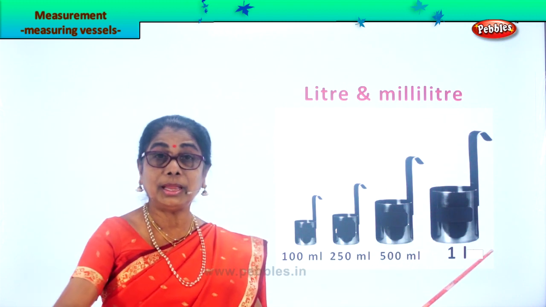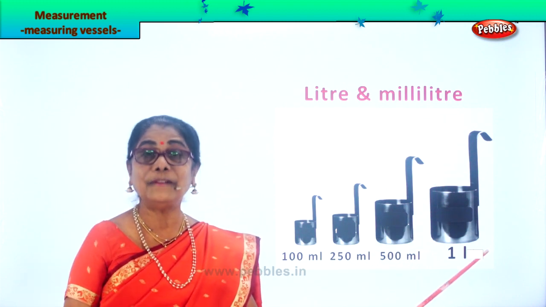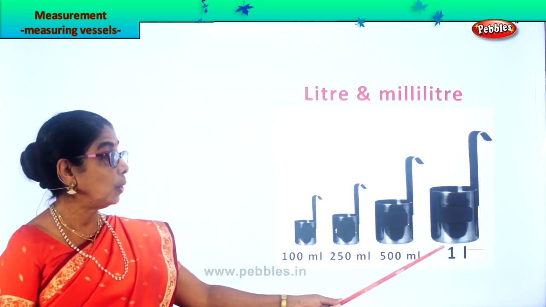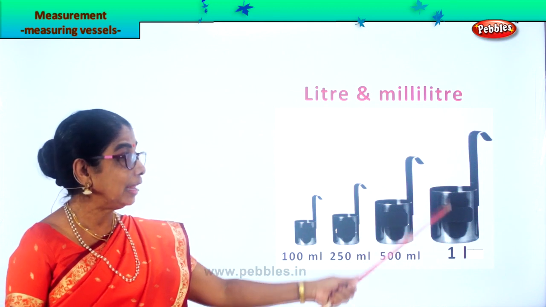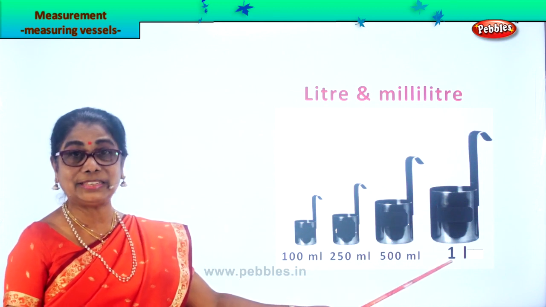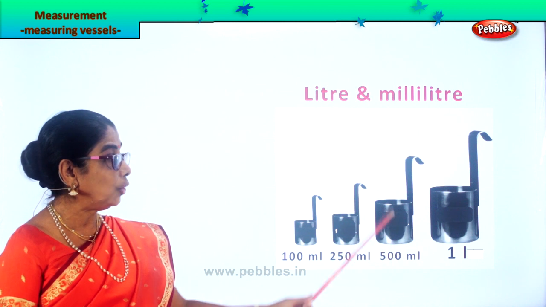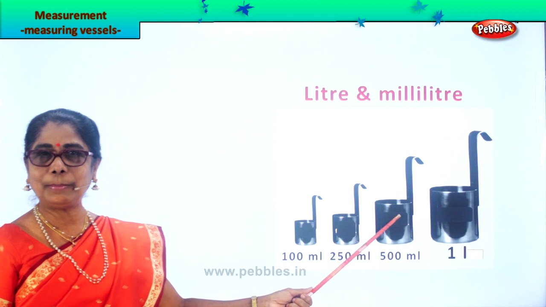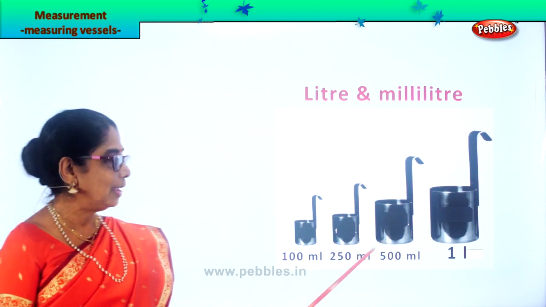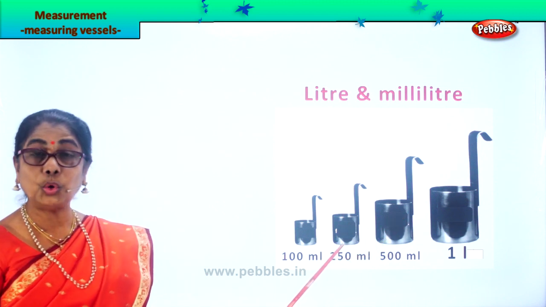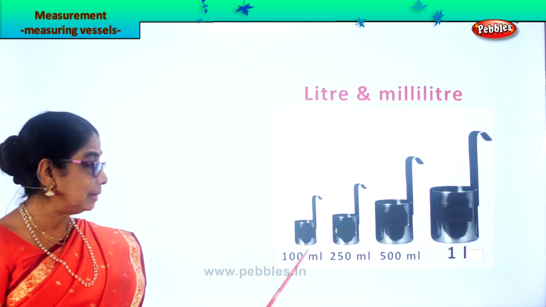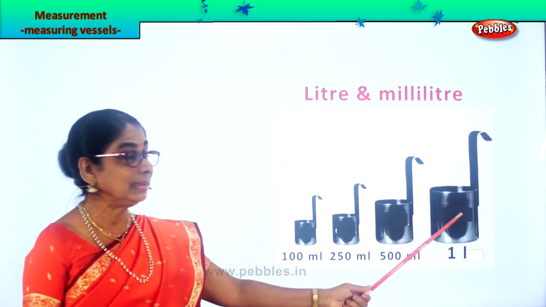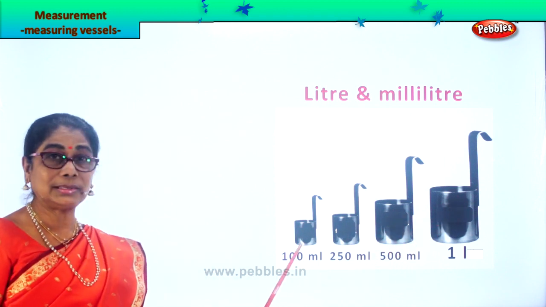You can put it so that it doesn't go into the huge vessel that holds the liquid. Here, 1 liter. It can hold 1 liter, this vessel. And the next one, it can hold 500. You might have seen this with the milkman, oil man, oil merchant. And this can hold 250 milliliters and finally 100 milliliters. So you have the biggest and the smallest.